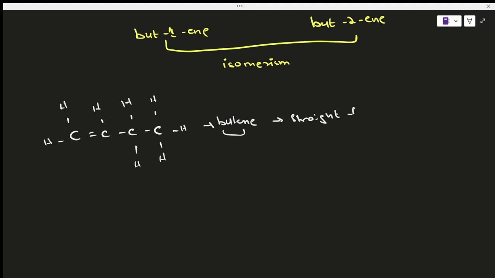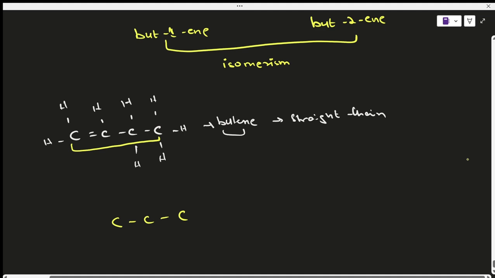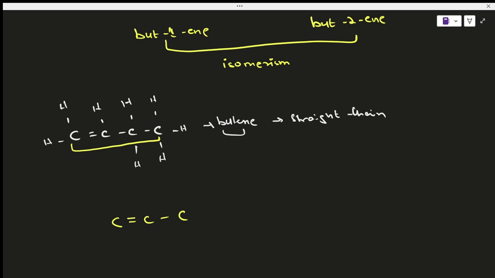Now the other form that exists is the branch chain. So what do we do in that one? We basically break the chain. In this one, we had 4 carbons in a straight chain. So we'll break this chain in a way that the main chain remains of 3 carbons. So I can just draw it like this, right? The main chain remains of 3 carbons, and I can either have the double bond here or here.